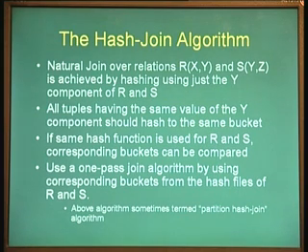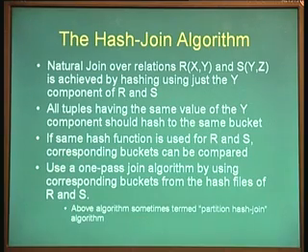Let us compute the natural join over relations R(X,Y) and S(Y,Z), where Y is the common component between R and S. We first read R and S and use the Y component as the key to perform the hashing rather than the entire tuple. Now all tuples having the same value of the Y component should hash onto the same bucket, if we are using the same hash function.